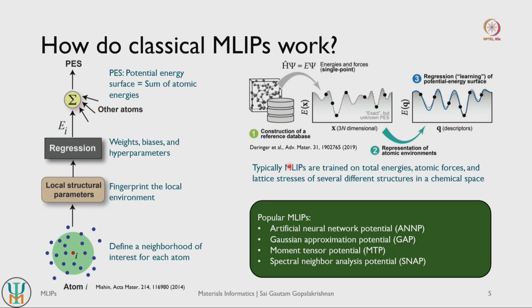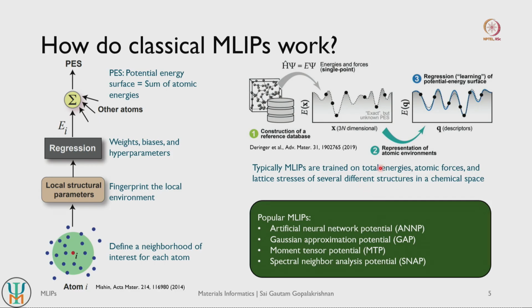So if you think about this reference data set, how are these typically trained? What is present in this reference data set? You typically have a bunch of total energies and atomic forces as well as lattice stresses that you have calculated with the DFT on a bunch of different structures.